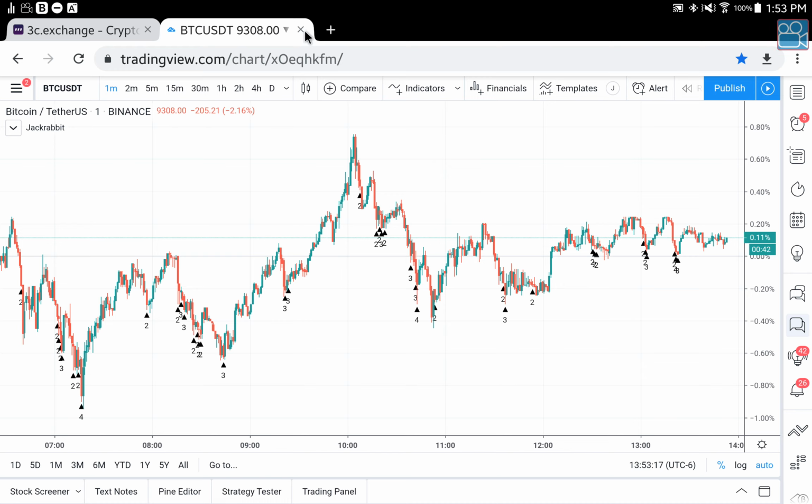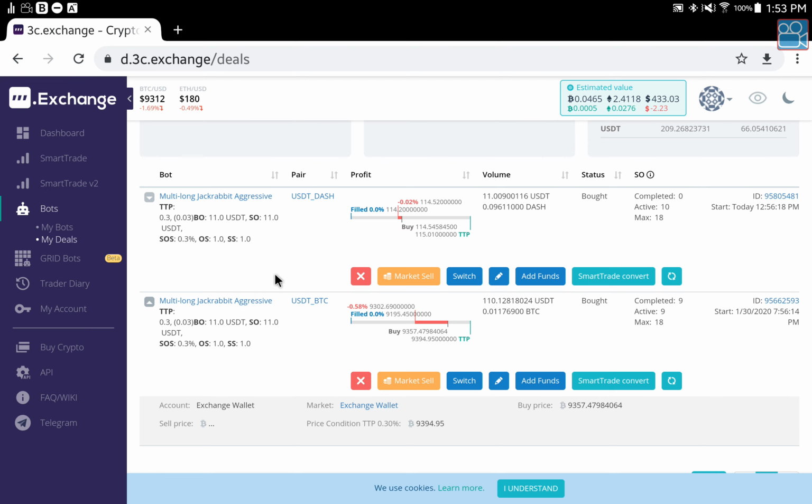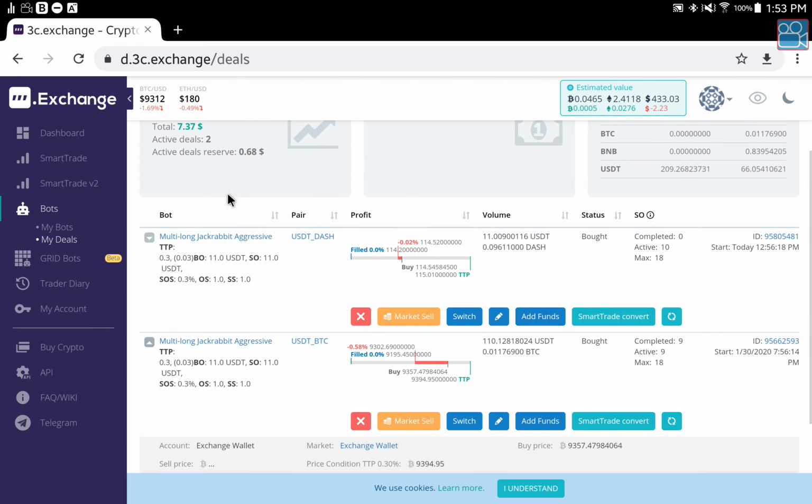So let's get out of this and we'll go in and check out the changes I made, because I did make a few changes that have improved my situation. As you can see, I now have 2 deals. I have a loss that I took deliberately, which I'll explain in a moment, which leads to the fallacy that I mentioned about Bitcoin.